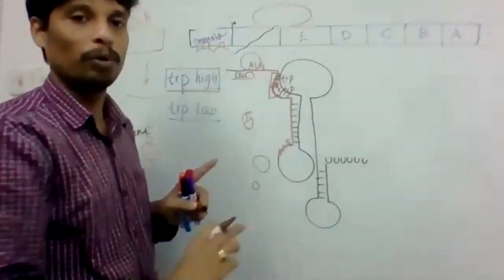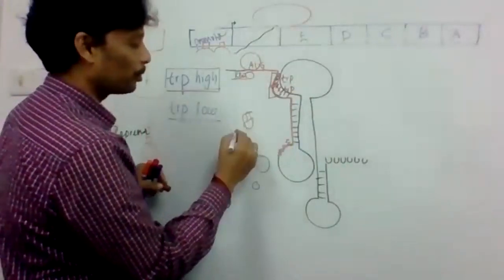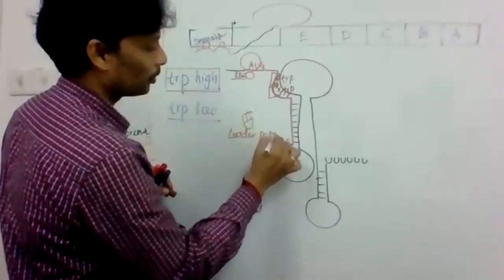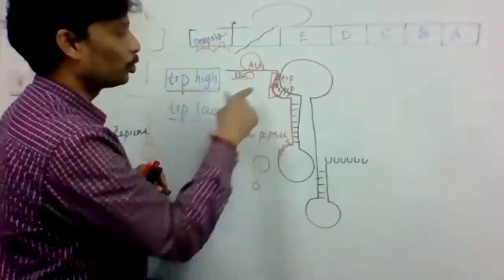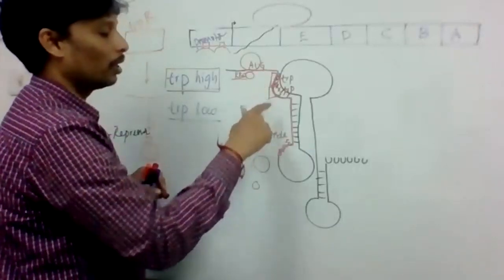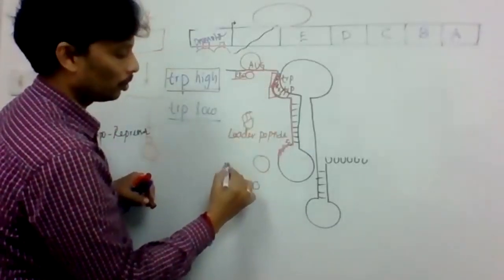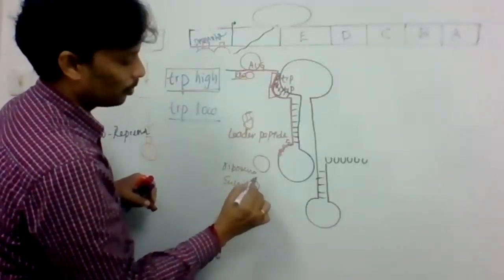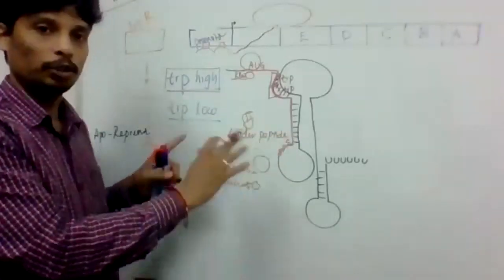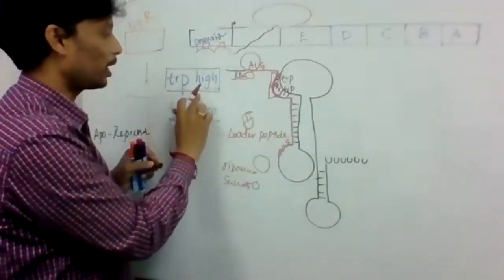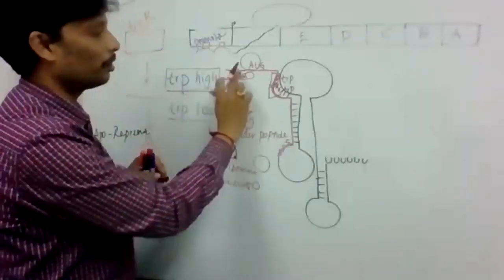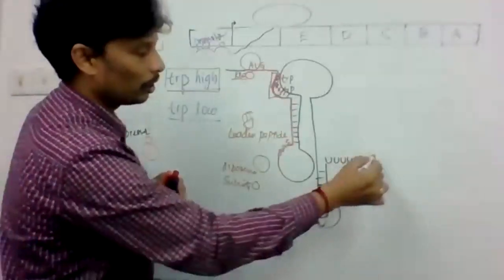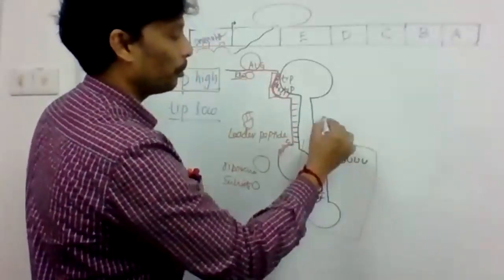Ribosomes keep moving and translating the small peptide we call the leader peptide, which contains two tryptophan amino acids, and the ribosome subunits will fall off after translating the leader peptide when tryptophan is high. And when tryptophan is high, there is no problem in the structure, and this is actually a rho-independent terminator.